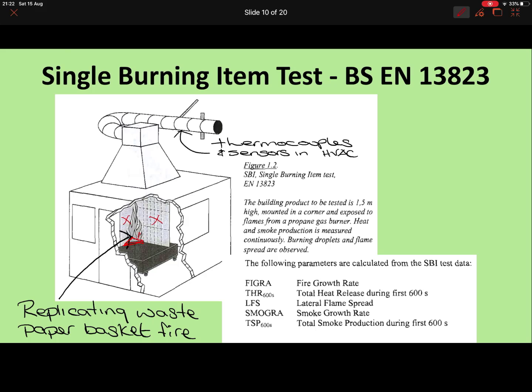And the total heat release in the first 10 minutes or 600 seconds, whatever you prefer, that's calculated in megajoules. The smoke growth rate is calculated, but strangely, it's monitored, and the same thing goes for the total smoke production.